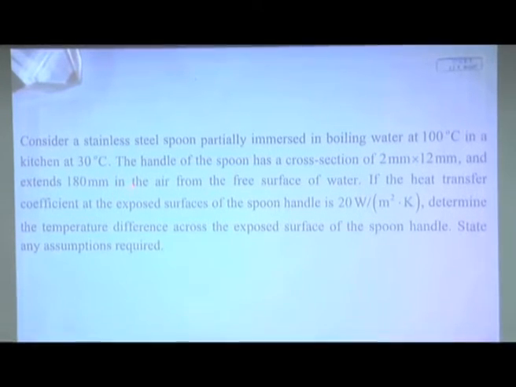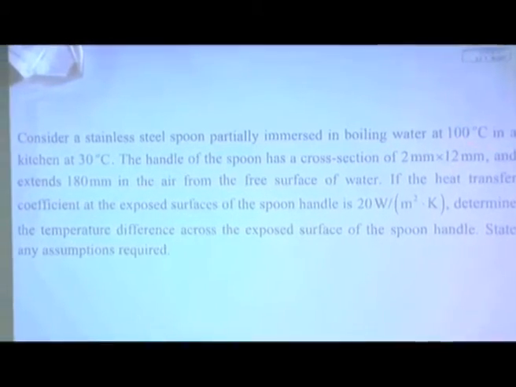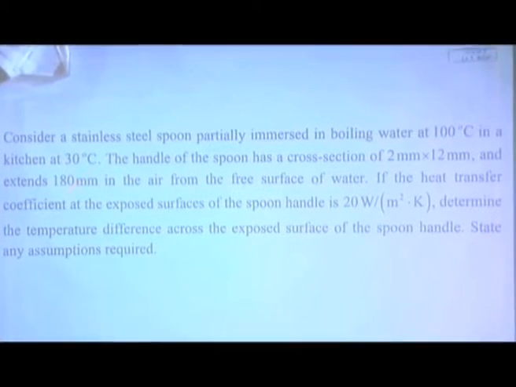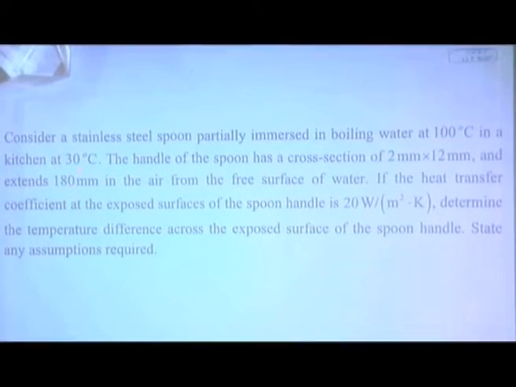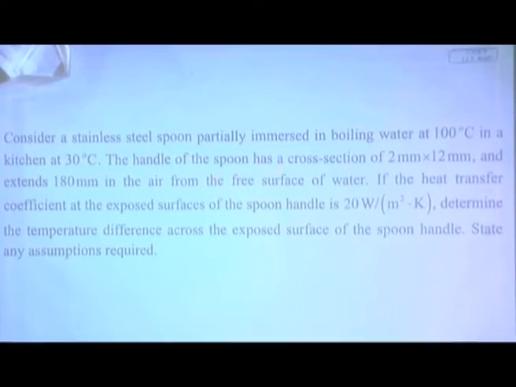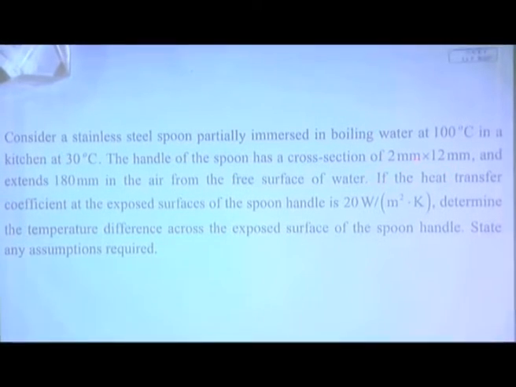Now immediately you compile in your own language. 100 degrees the base temperature and 30 degrees the kitchen temperature, means surrounding fluid, T infinity and TB. The handle of the spoon has a cross section of 2 millimeter into 12 millimeter. Done. 2 into 12, 24 millimeter square is A.